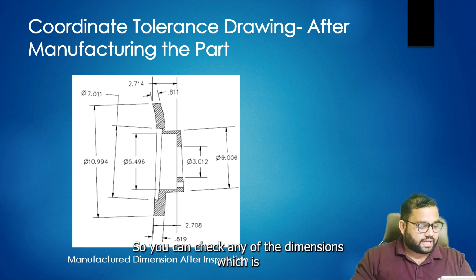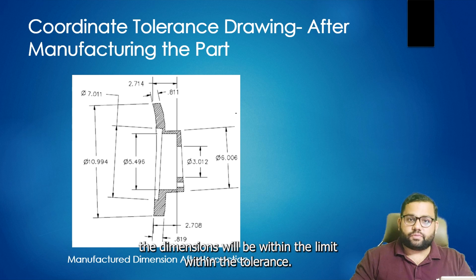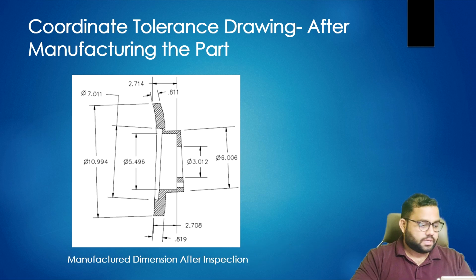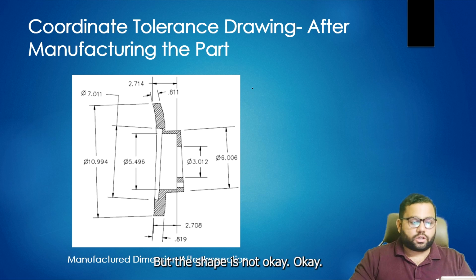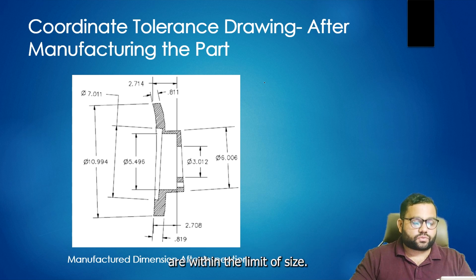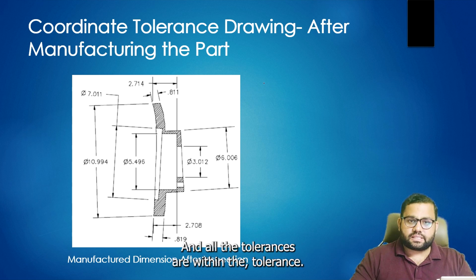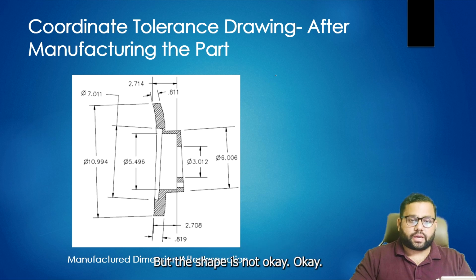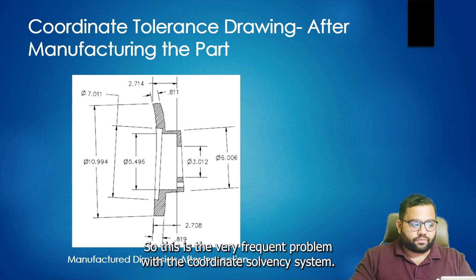You can check any of the dimensions, and they will be within the limit of size, within the tolerance, but the shape is not okay. All the dimensions are within the limit of size and all the tolerances are within the tolerance, but the shape is not okay. So this is a very frequent problem with the coordinate tolerancing system.